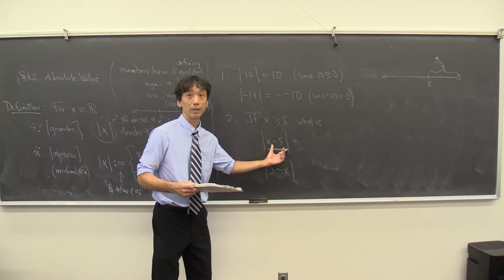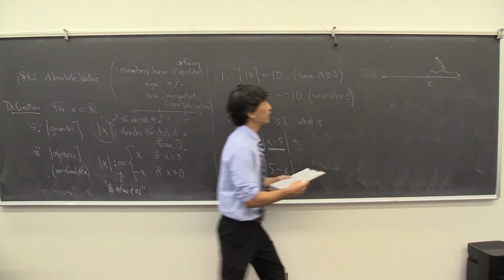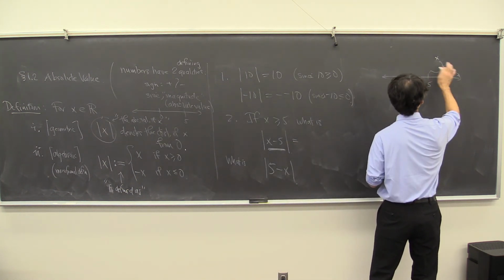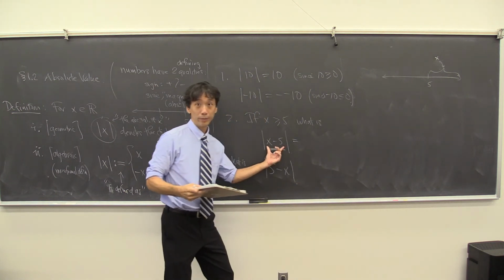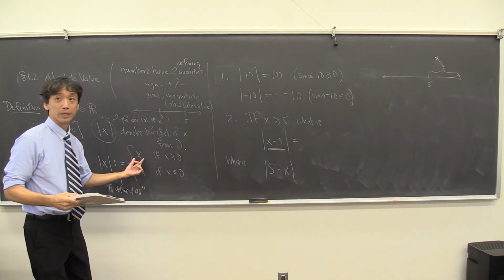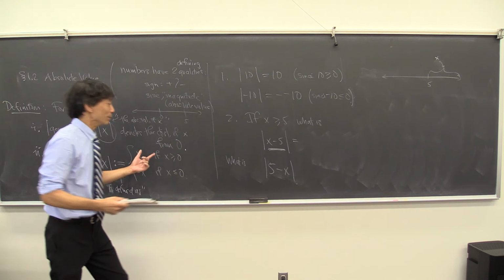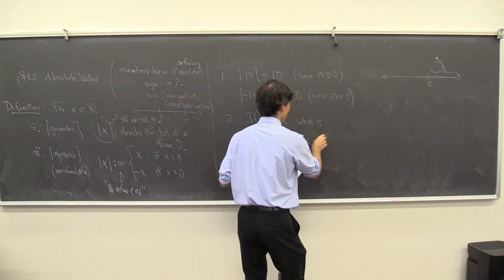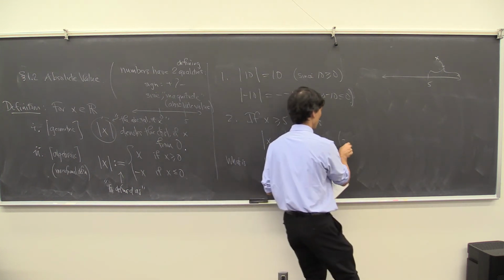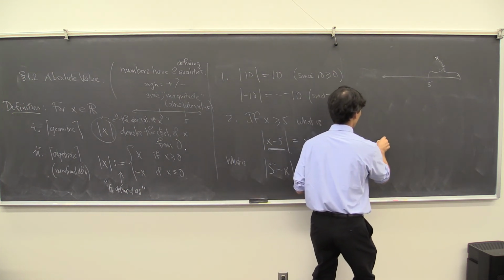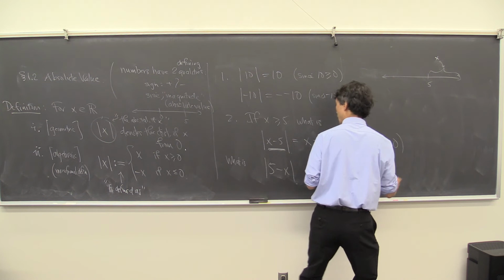It's positive, because x is on the right side of 5, so x minus 5 is positive. So the answer is the thing itself, x minus 5, since x minus 5 is positive.